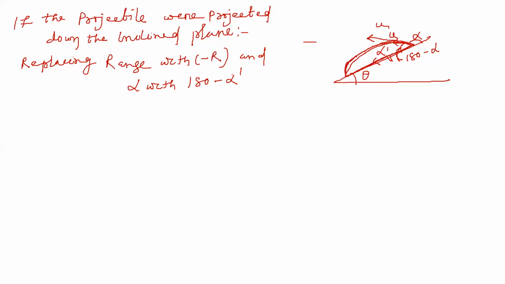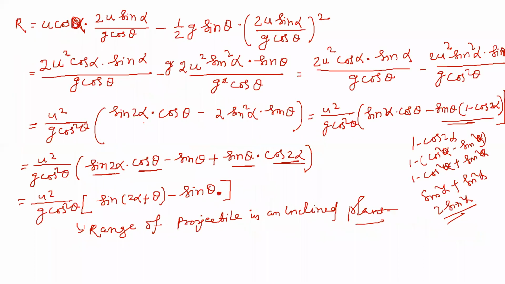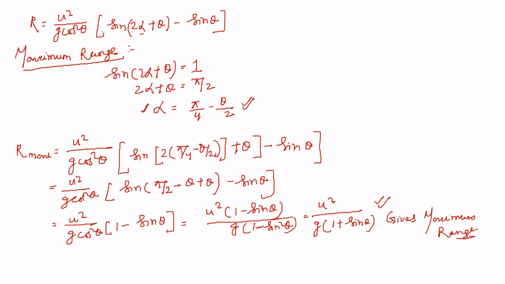By replacing, we can rewrite the equation again. Let's rewrite the equation for range. You know the range equation. That is minus r is equal to u square by g cos square theta whole into sine. So let's see here, range equation. This is the equation for range, na? This was the equation for range: u square by g cos square theta, sine 2 alpha plus theta minus sine theta.